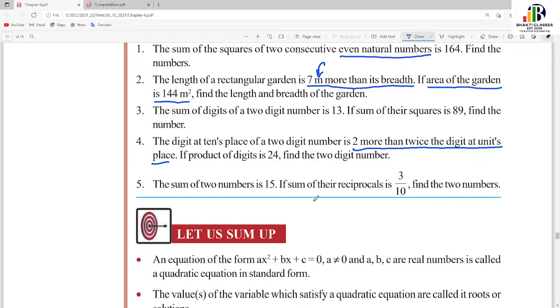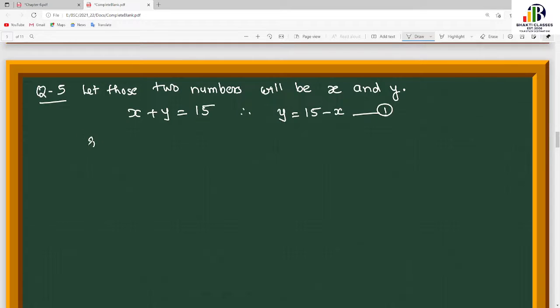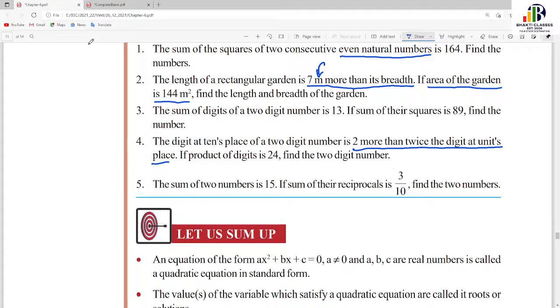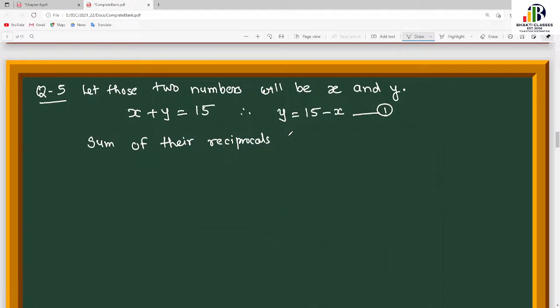Another thing they have given: the sum of their reciprocals is 3 by 10. That is 1 upon x plus 1 upon y is equal to 3 by 10.